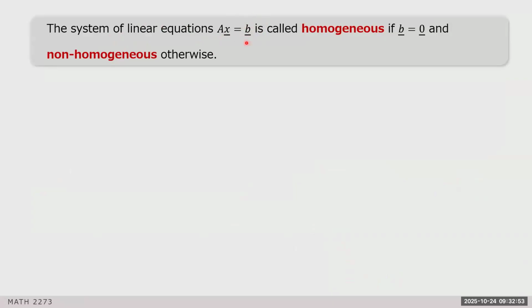If all of the numbers in B are 0, so if the vector B is just a list of zeros, so if the right-hand side is always zero, then this system is said to be a homogeneous system. So homogeneous means the right-hand side are all zeros. If any one of the terms in this vector B is different from zero, we say it is non-homogeneous.